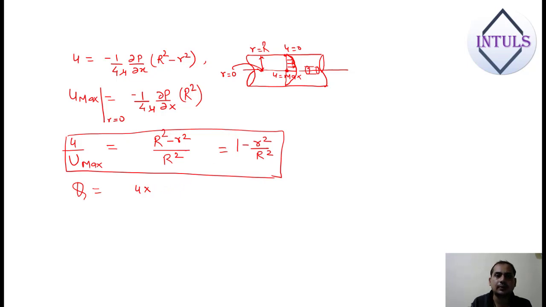what is this area? So if you take this small area through which the flow is passing, suppose I am just making the exploded view so that it is more clear to you.